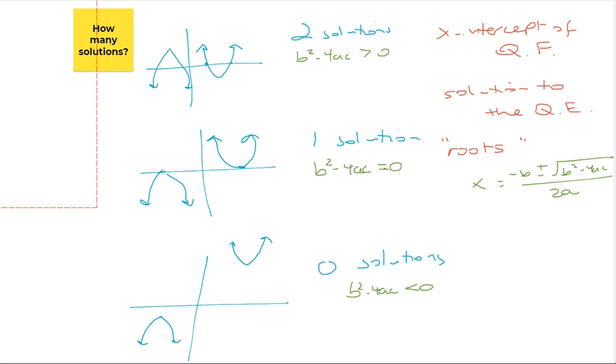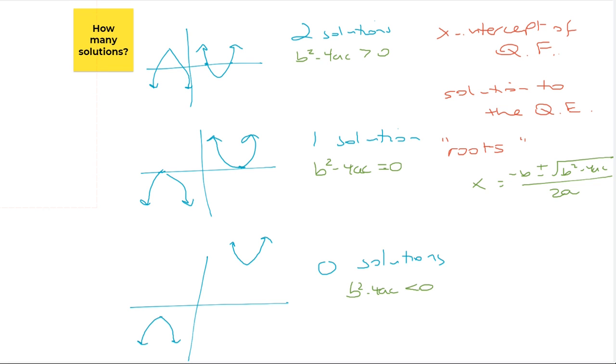So if I give you a quadratic equation and I ask you how many solutions does it have, you don't actually have to go and solve it, right? We can just figure out how much is this b squared minus 4ac and decide. If that's going to be negative, we know we won't be able to solve it, so it has no solutions. If it's 0, we know that our two solutions will give us the same answer. And if it's greater than 0, then we know that we are going to have two different answers.